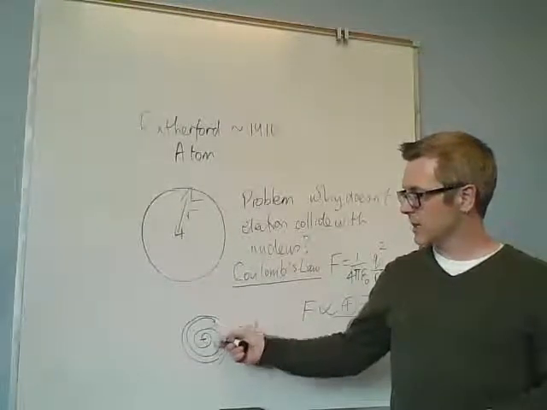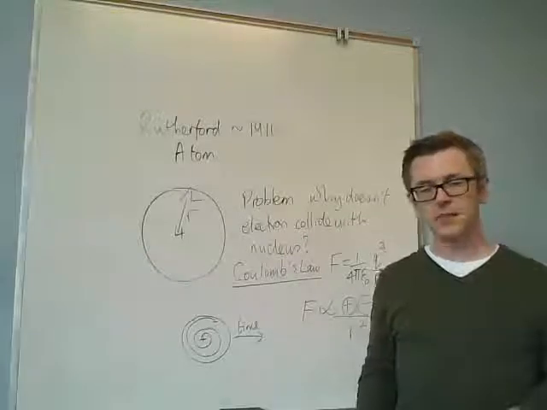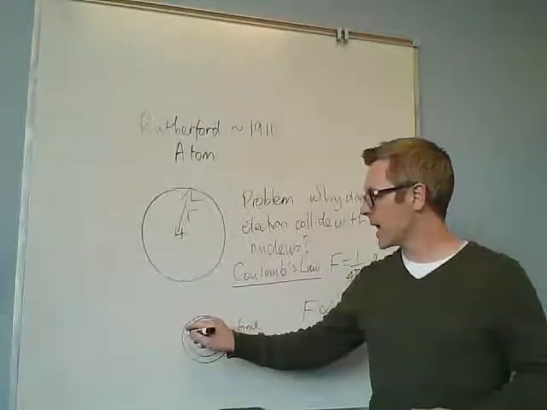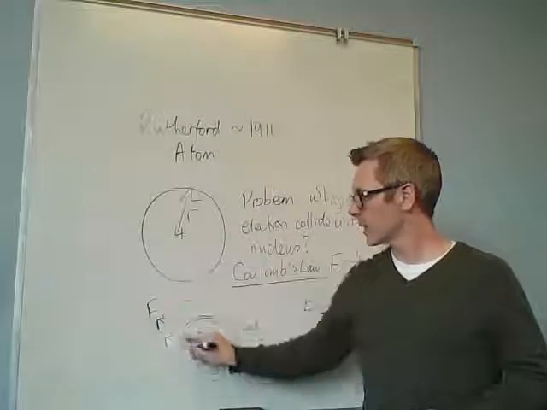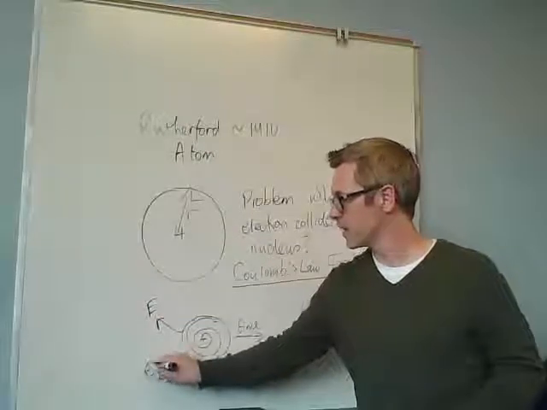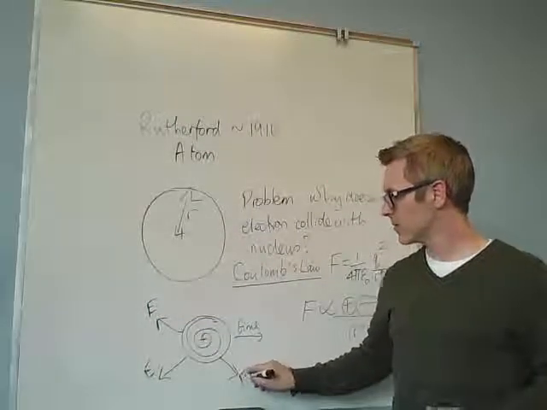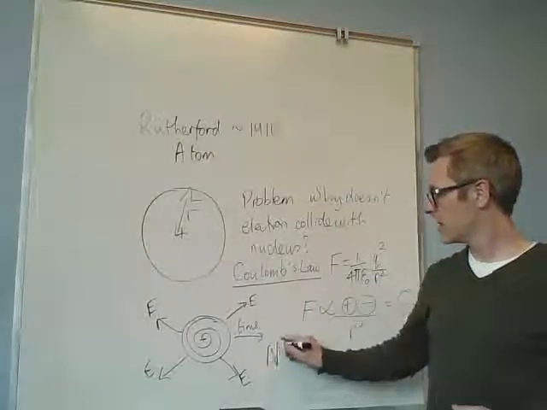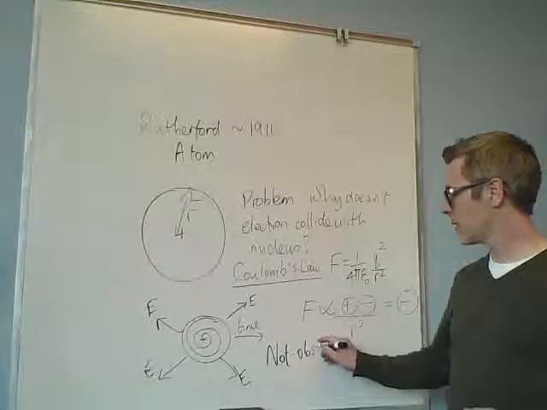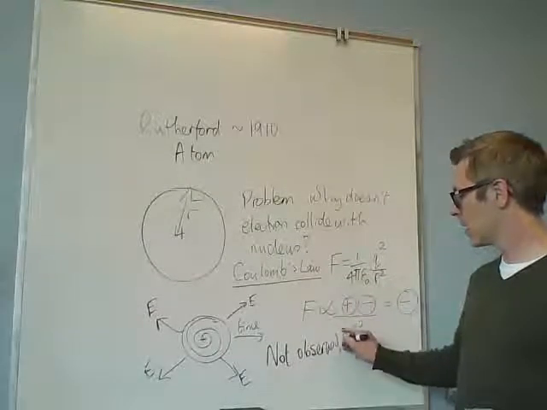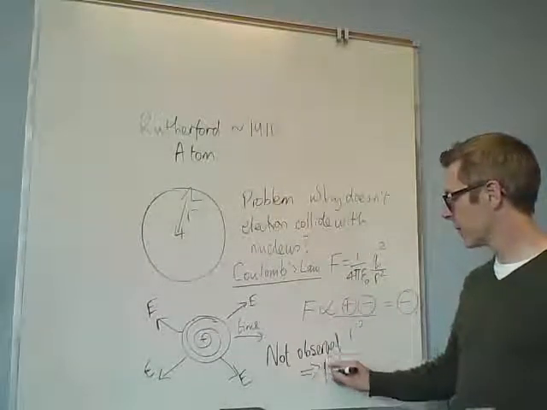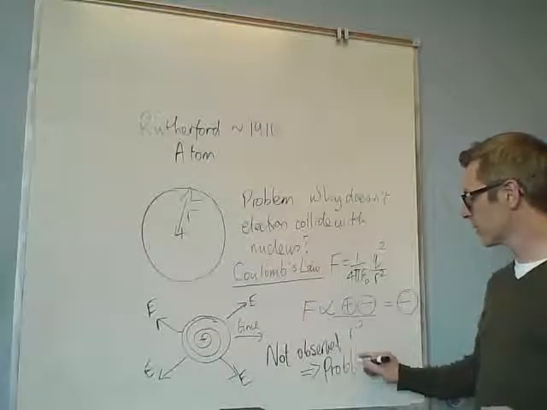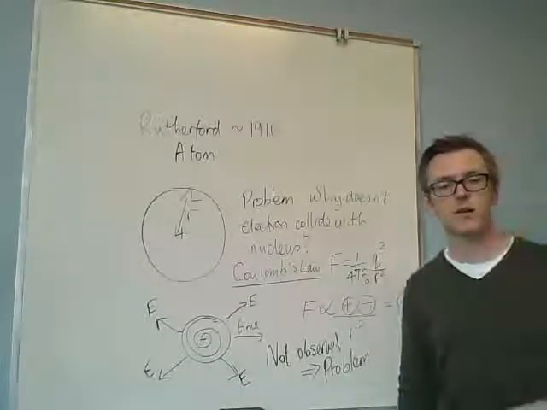If this electron did this, it would liberate energy because it would be losing energy. This is not what we observe. Because we don't observe this, our model doesn't represent reality.